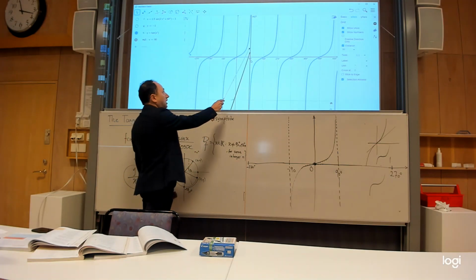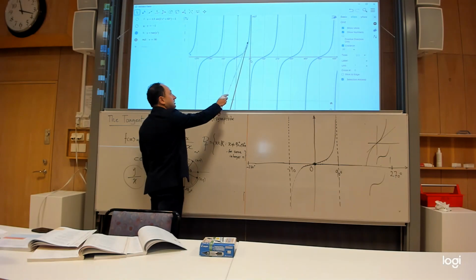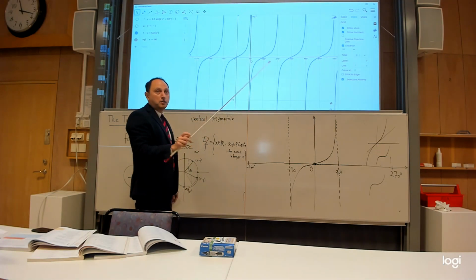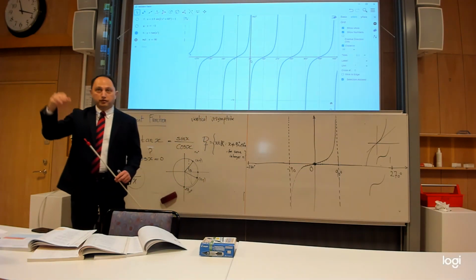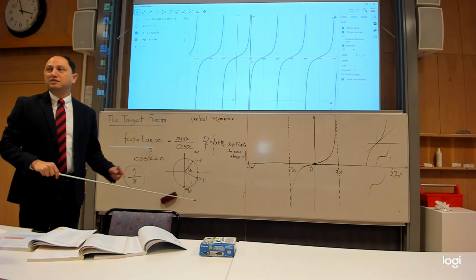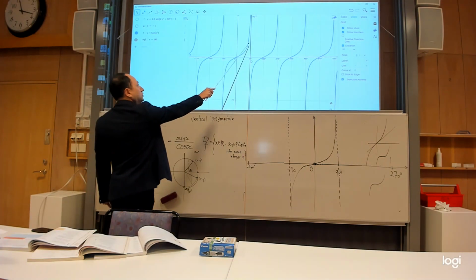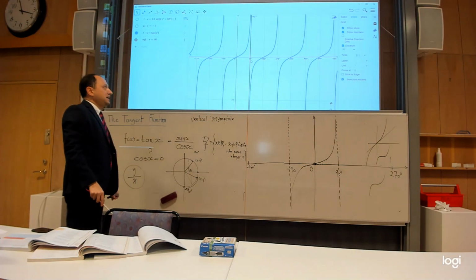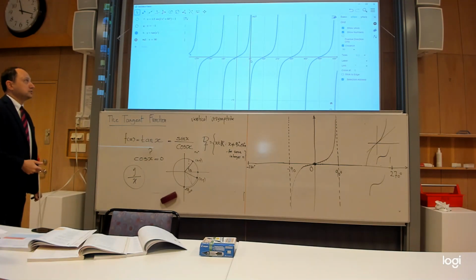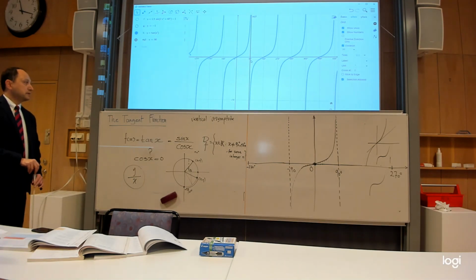An asymptote is a line that does not touch the graph, but the distance between the graph and the line becomes smaller and smaller when you go farther and farther. Yes? Is that understandable? So that's the meaning of the notion of asymptote. But because this asymptote is a vertical one, the name is vertical asymptote. Yeah, is that understandable? Yes. Okay.